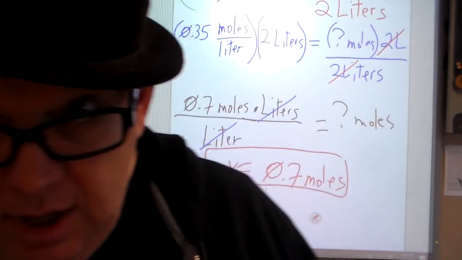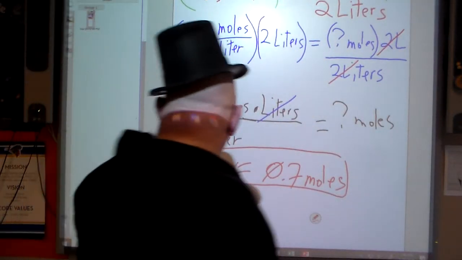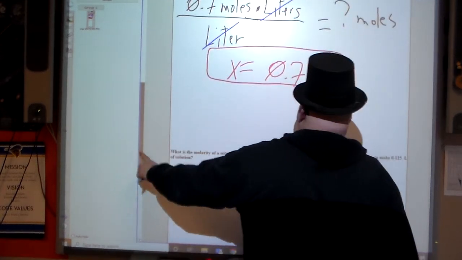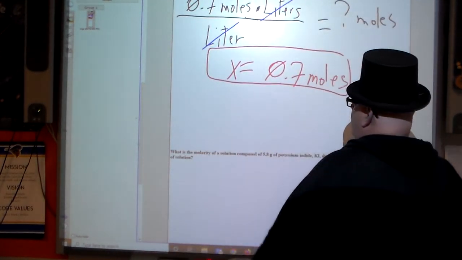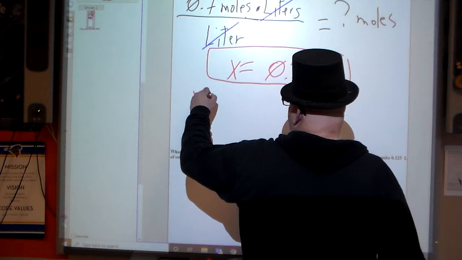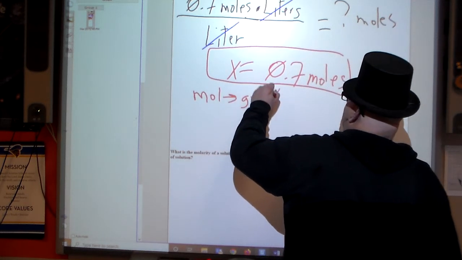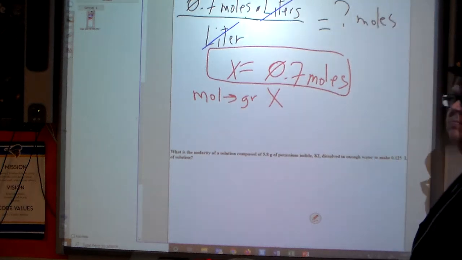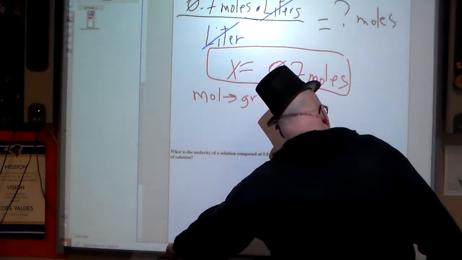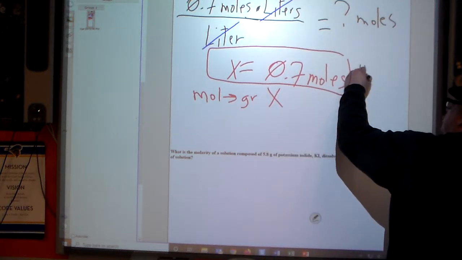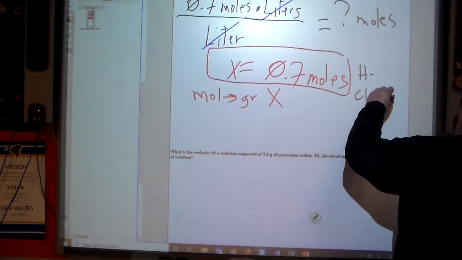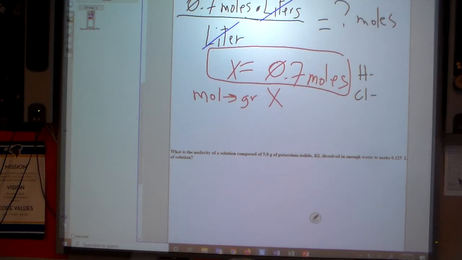This is where we are going to go from moles to grams. Remember, you're going to multiply, aren't you? And what do we need to do? Well, we need to find out. We have our H, we have our Cl, right? We can look on our periodic charts.